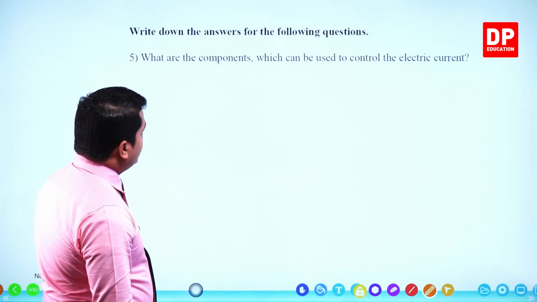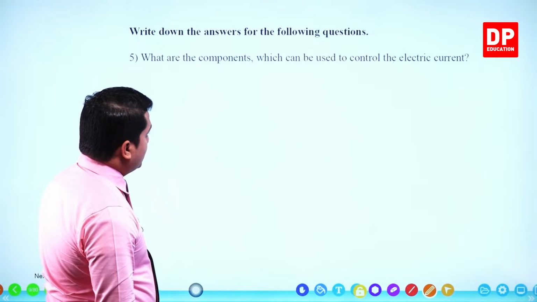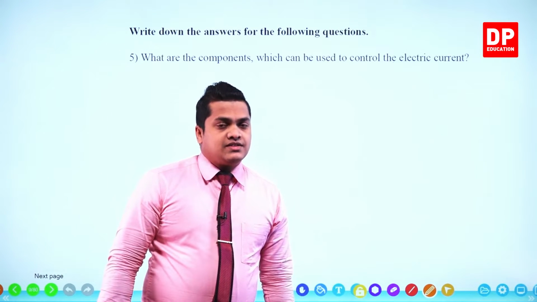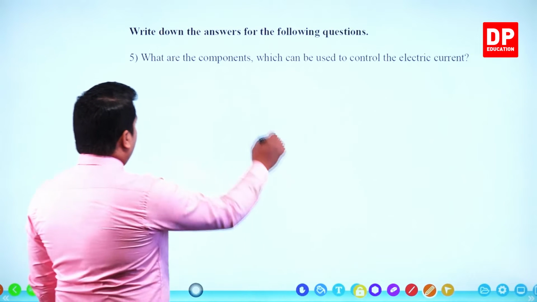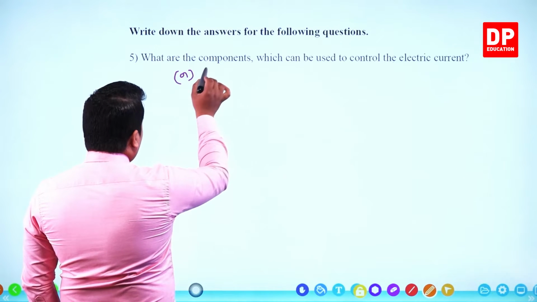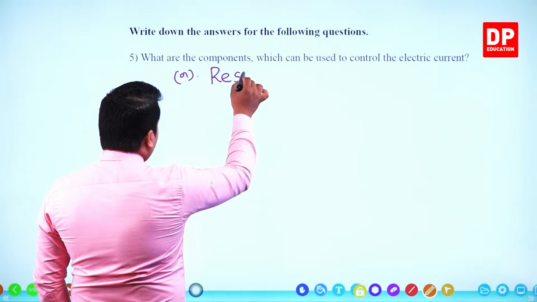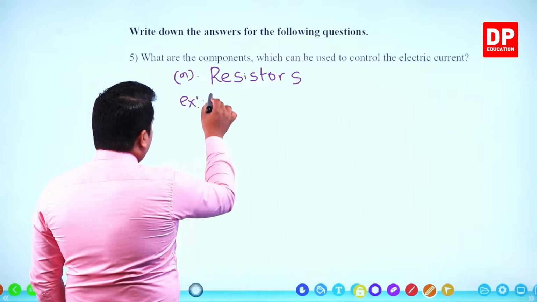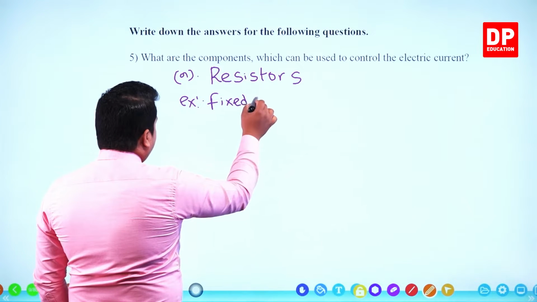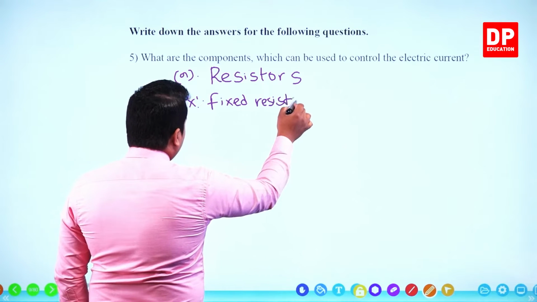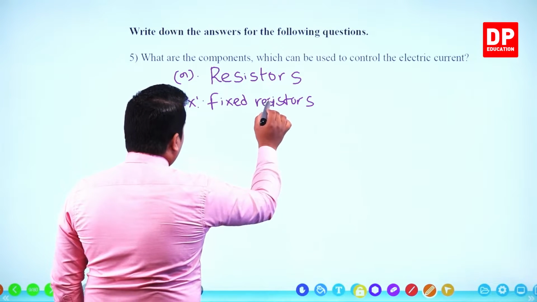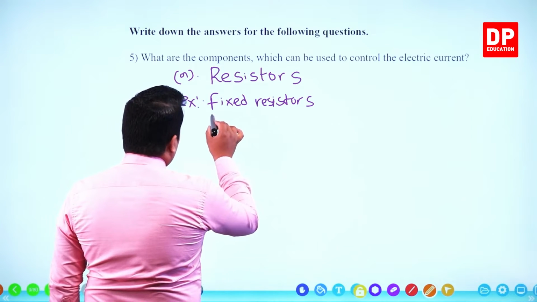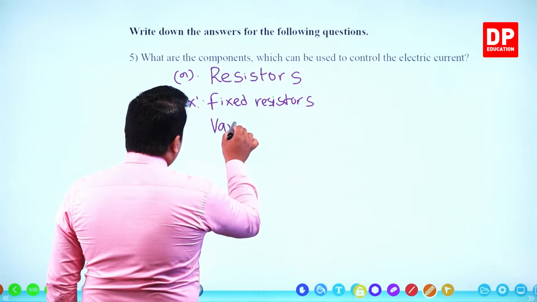What are the components which can be used to control the electric current? To control the electric current, what are the components that can be used? There are several components. You can write resistors. What are the examples? Fixed resistors. Then variable resistors.